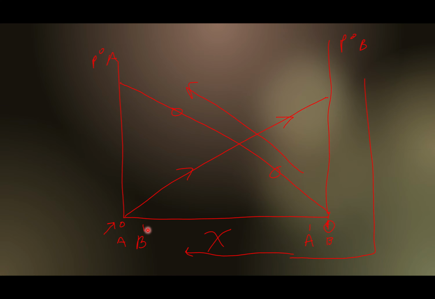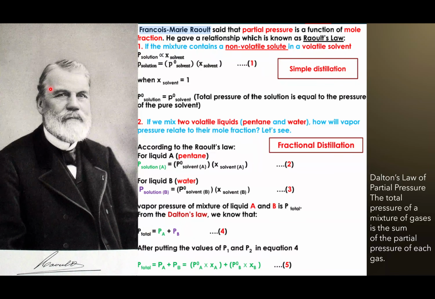A mole fraction of 0.5 means half of the solution is that substance. And a mole fraction of 1 means that the entire solution is made up of one thing.